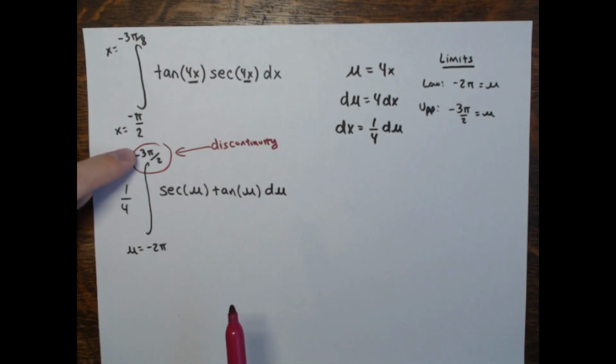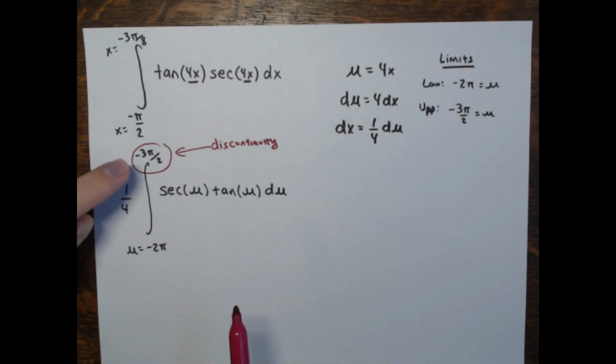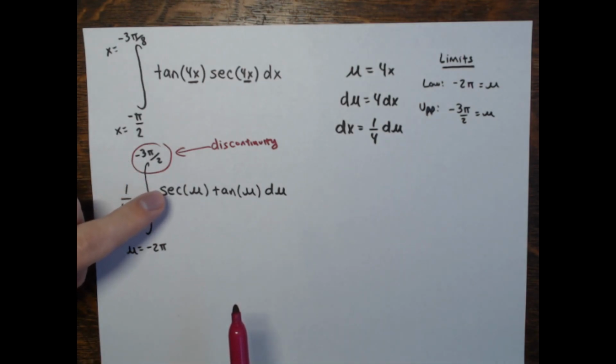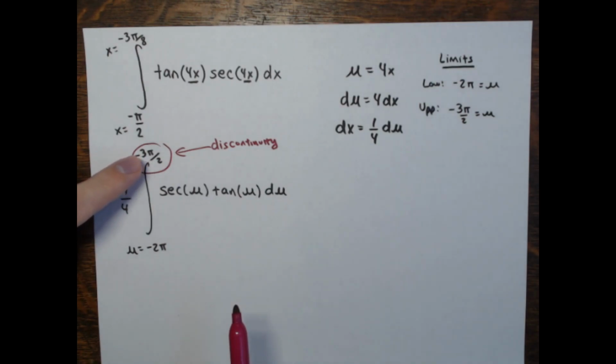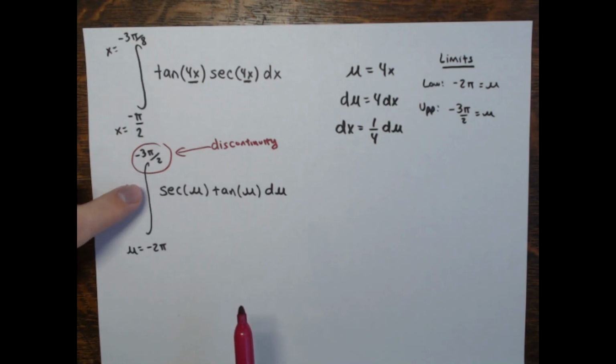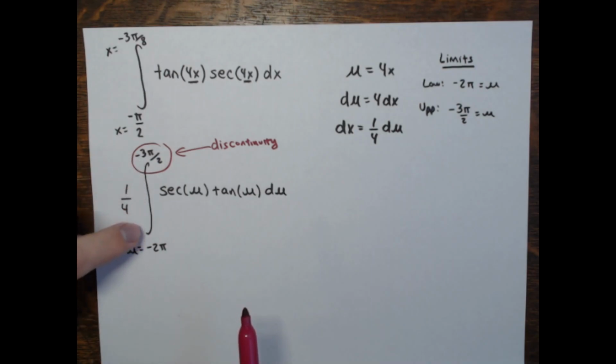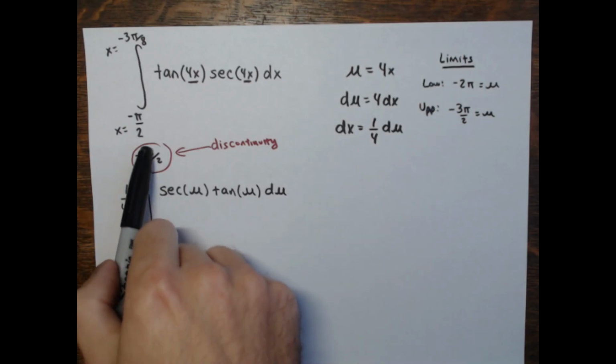There's negative 3 pi over 2, and then this is negative 4 pi over 2, so there are no other ones in between. So the function is discontinuous just at the upper value. So like all the others, I'm going to replace that with t, and we're going to have t approach this from the left, because we'd be on the left side of that. On the bottom one, I approach from the right, from above, and we're approaching this one from below, so from the left.